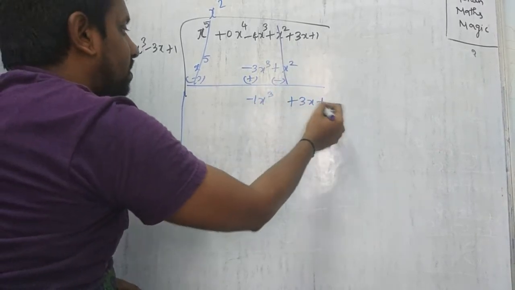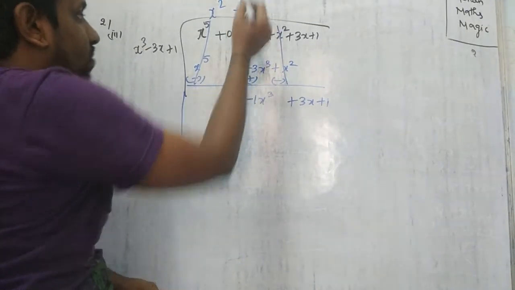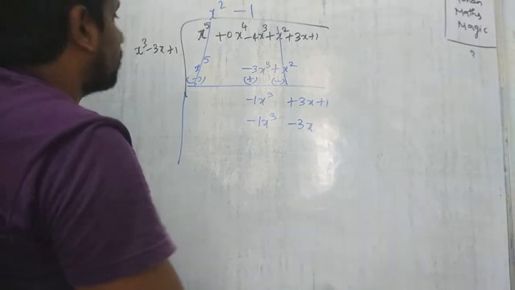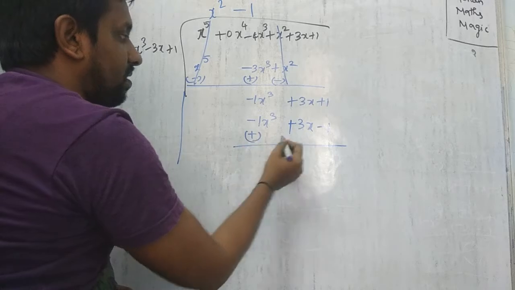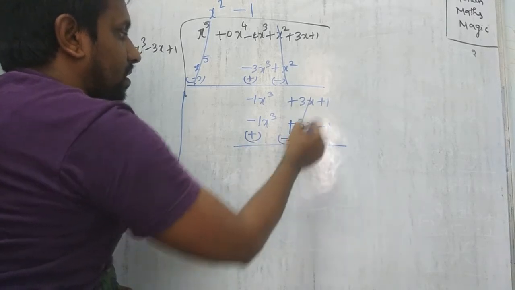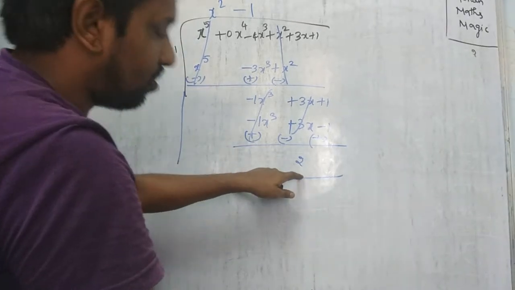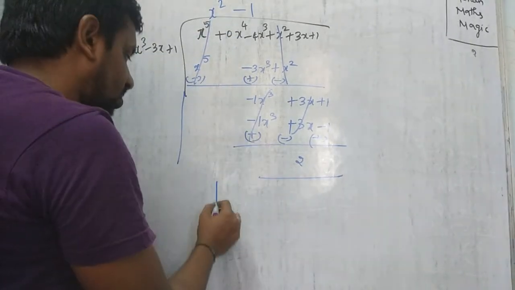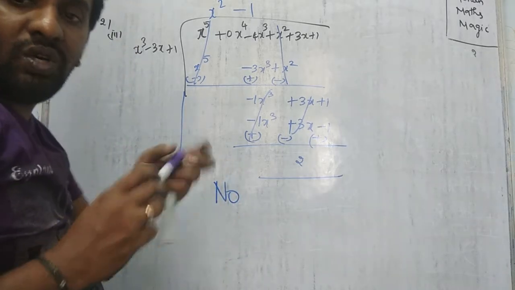And plus 3x plus 1. Minus x cube, I got minus 1. So minus 1x cube plus 3x, minus 1. Change the symbol. I got the answer 2. Once the remainder is 0, only then you write that this one is a factor of the other. The remainder is not 0, therefore the answer must be no, it is not a factor. Okay, third Roman.